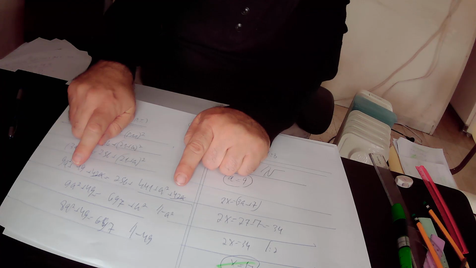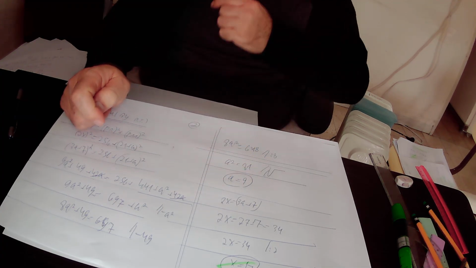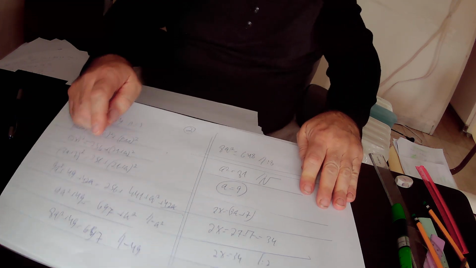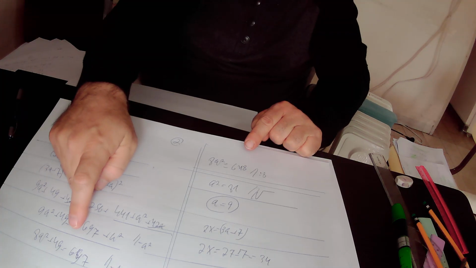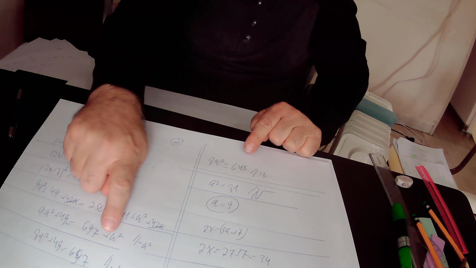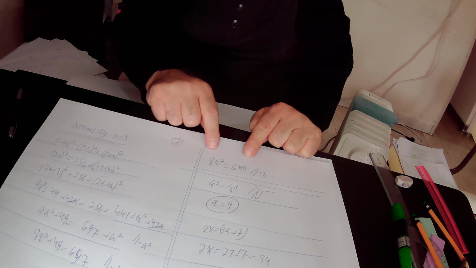Here we subtracted a squared from both sides, and found that 9a squared minus a squared equals 8a squared, so 8a squared plus 49 equals 697. Here we subtracted 49, and found that 8a squared equals 697 minus 49, which is 648. So in total, 8a squared equals 648.